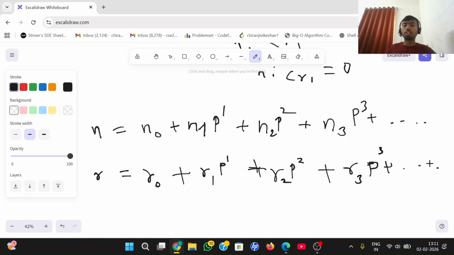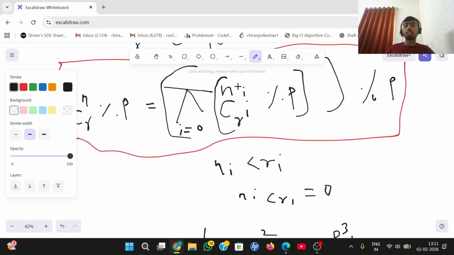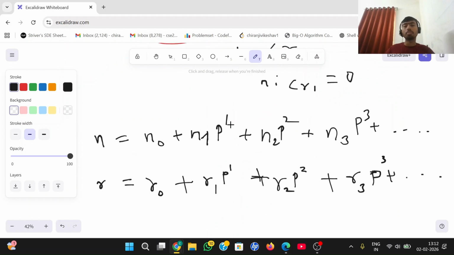Okay, so after some time, your n_i and r_i together become 0, and your nCr expression becomes 1, and it doesn't affect the answer. So it is not really infinite, it stops somewhere. Okay.